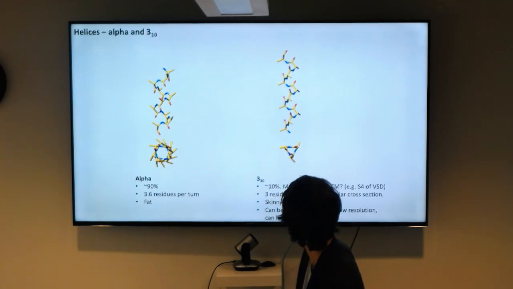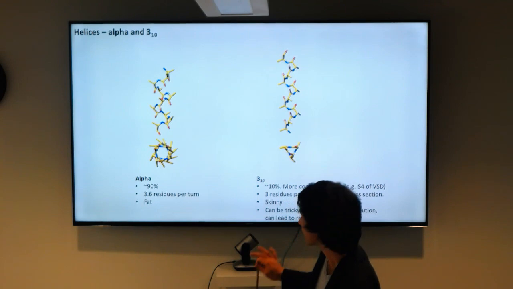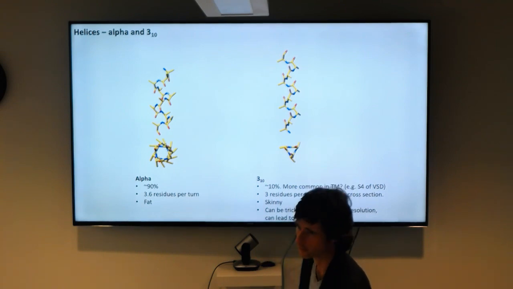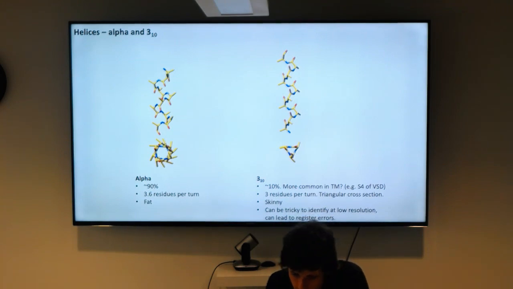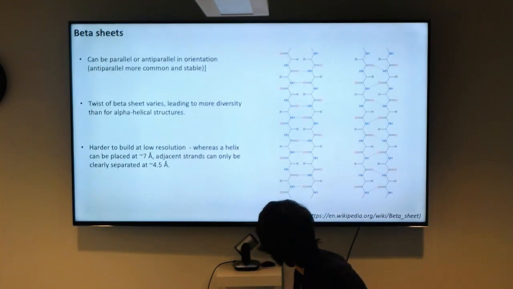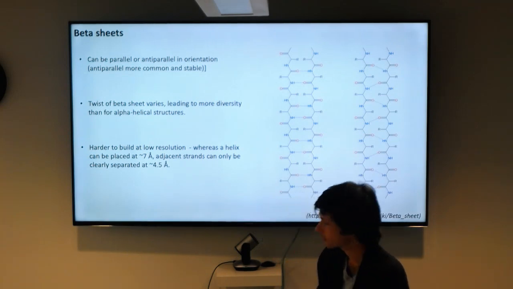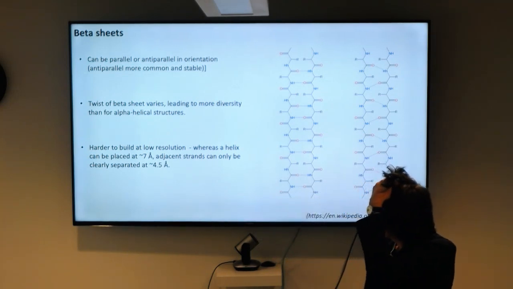Something else: unappreciated 3-10 helices can very easily lead to register errors, so they're something you want to pay attention to for that. General introduction to beta sheets. They can be parallel or anti-parallel.